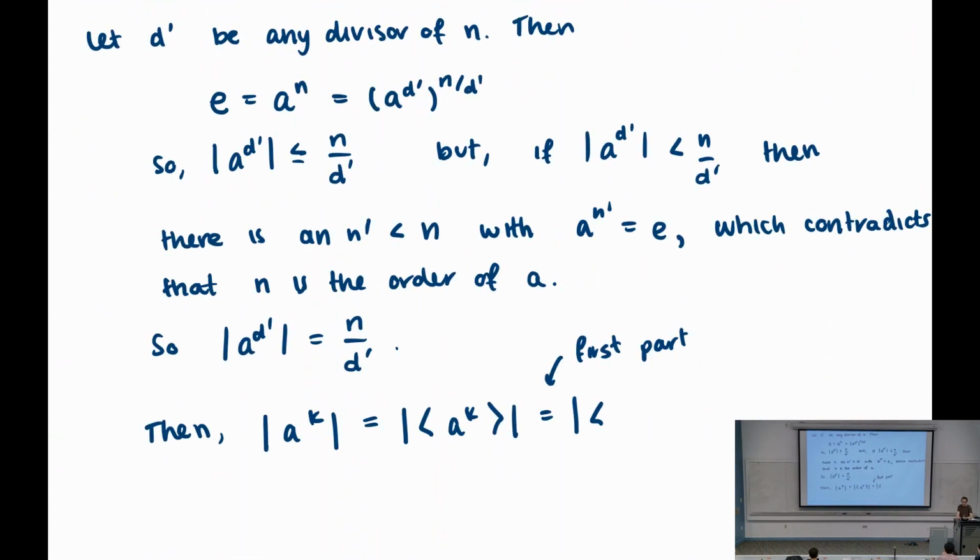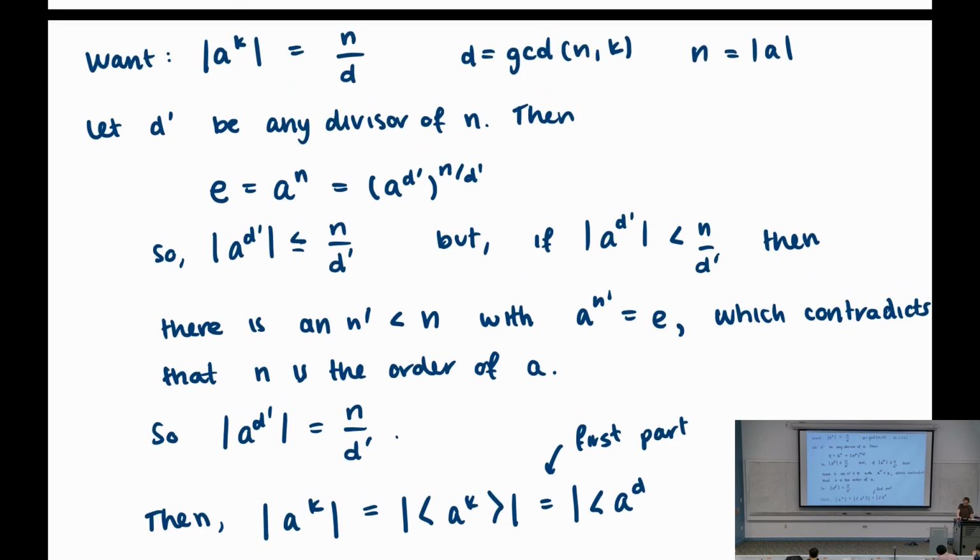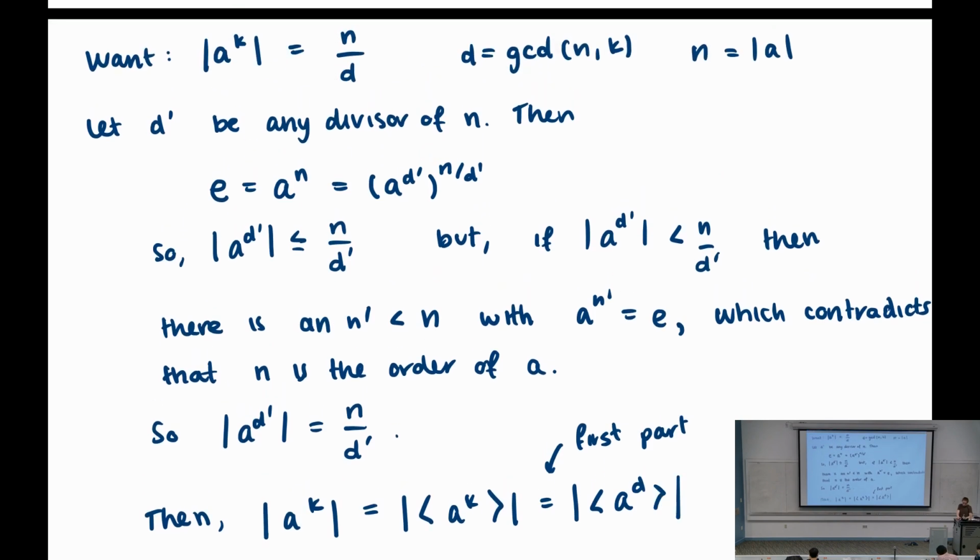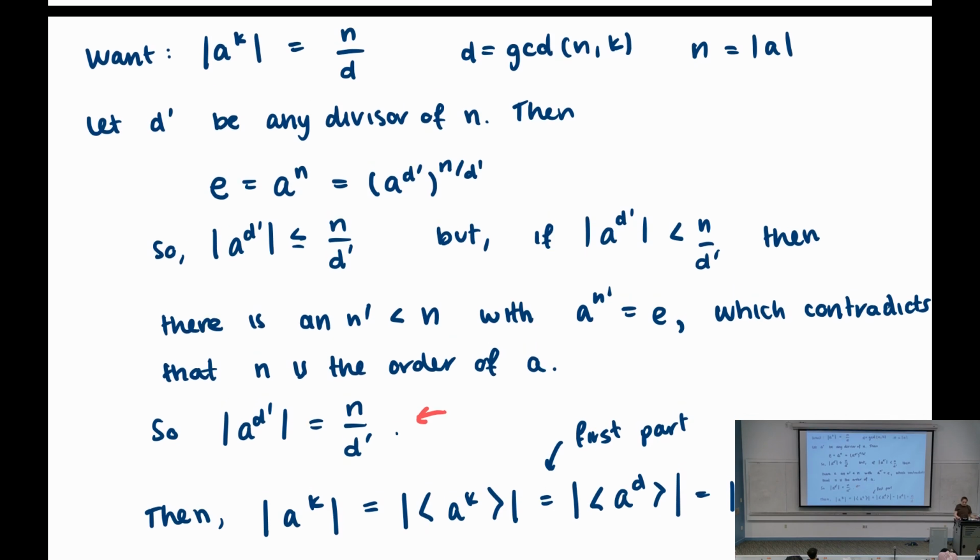So this is a to the d, where d was our GCD. And this is equal to the order of a to the d. And by this first step, this is equal to n over d, which is the GCD. So that proves this second part.